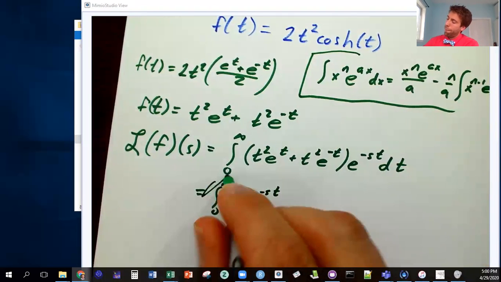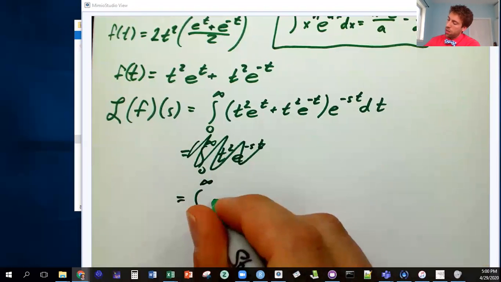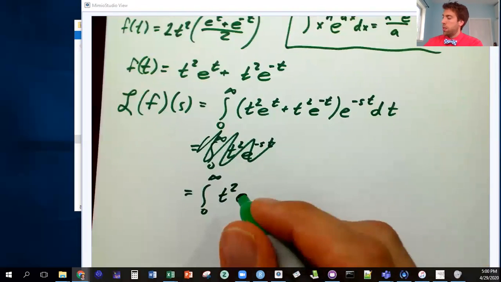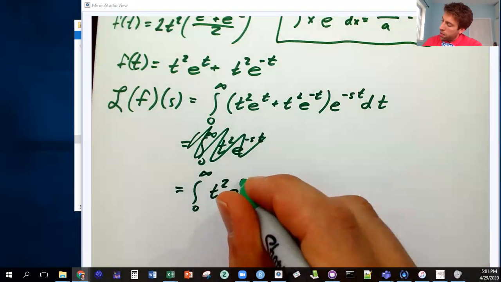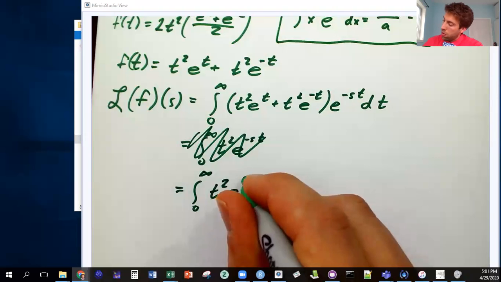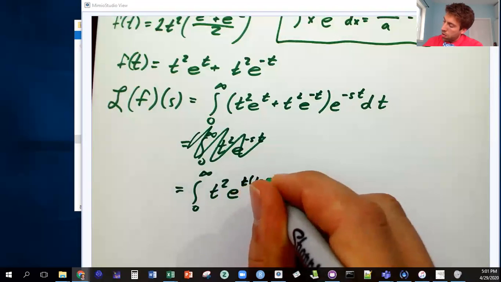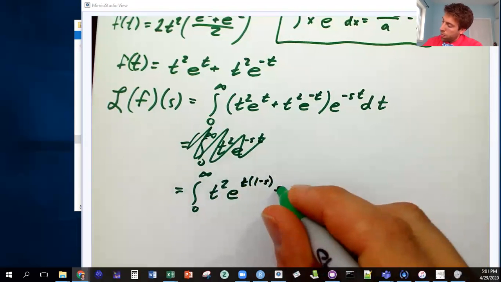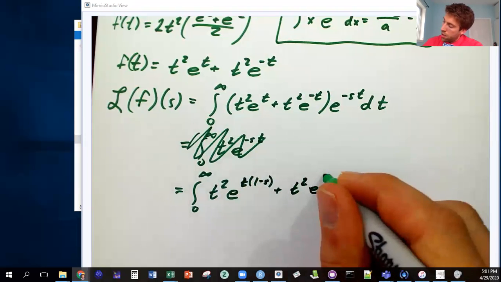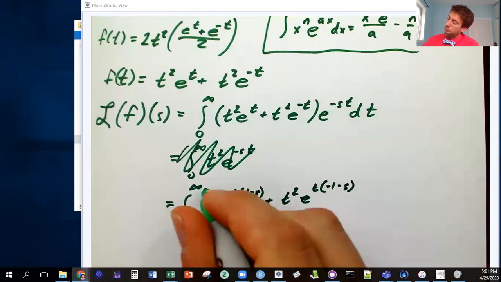Equals the integral from 0 to infinity of t squared times e to the, factor out the t, t times 1 minus s, plus t squared times e to the t times negative 1 minus s, dt.